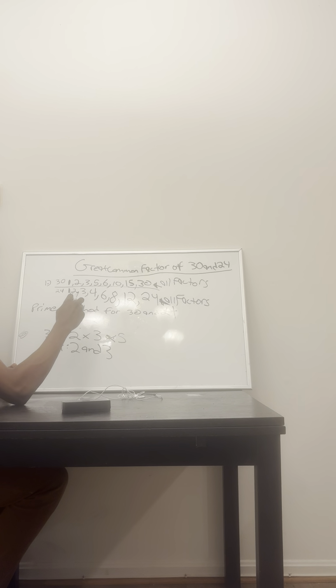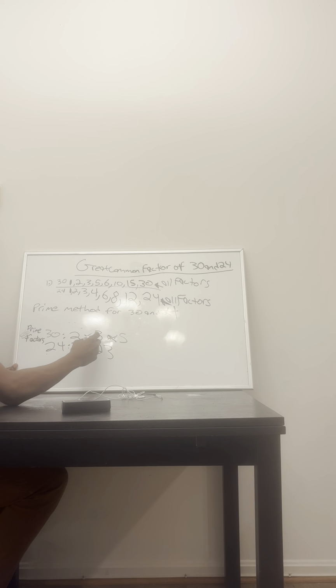Now I'm going to test you to see if you guys understand. Is 4 a prime factor? No, 4 can be further broken down into 2 and 2. So now we have our prime factors for 30 and 24 with 2 and 3 for 24 and 2, 3, and 5 for 30.